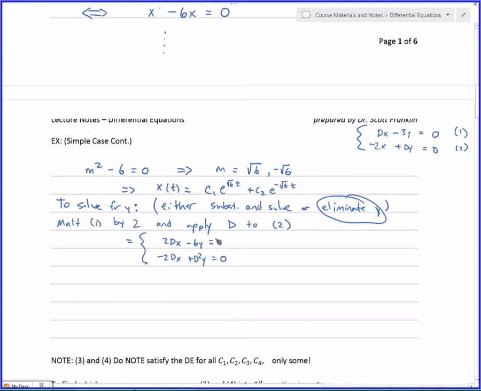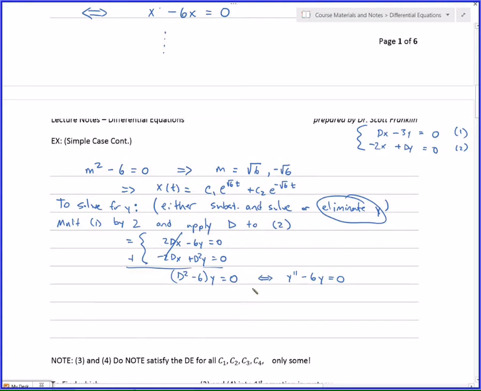D squared minus 6 applied to y equals 0. Which is the same thing as y double prime minus 6y equals 0. You don't necessarily have to rewrite it in our standard prime notation. I only do that if it's helpful to see what this differential equation represents.